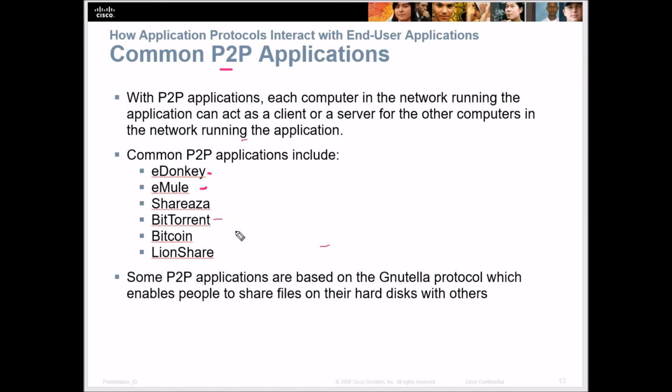BitTorrent, you might be familiar with BitTorrent. Bitcoin is another more popular name that you might hear. But those are file sharing or point-to-point or client sharing protocols, as you might call them, where you have two applications and you don't have a server involved.